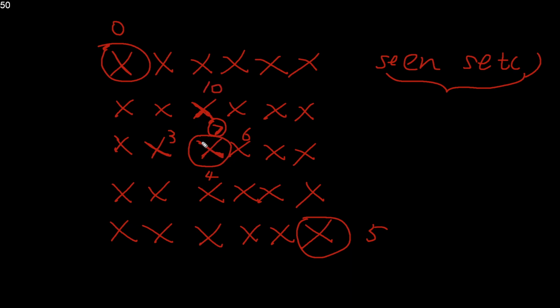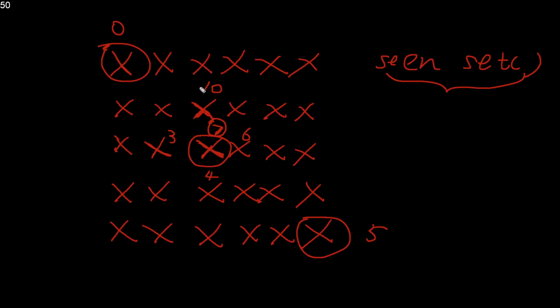Okay, so by the time we're processing this square here, obviously these 3 neighbors, 3, 6, 4, have already been visited, seen before. That's why we can do the union with them, right? But with 10, since 10 has not been seen before, we cannot do a union here, because 10 has a bigger value.